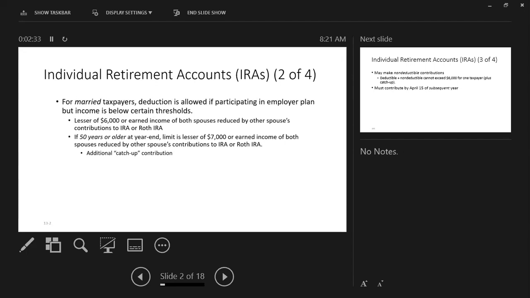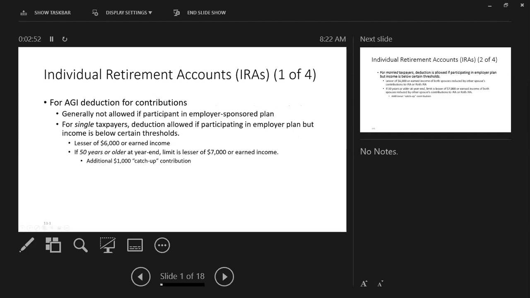So if you are unmarried, take a look at the bottom of page 1319. We're going to go into 1320. And I may even pull up a Word document here or just walk through some examples. If you are unmarried, this is right under example 1315. And actually, I should probably go back to my previous slide.